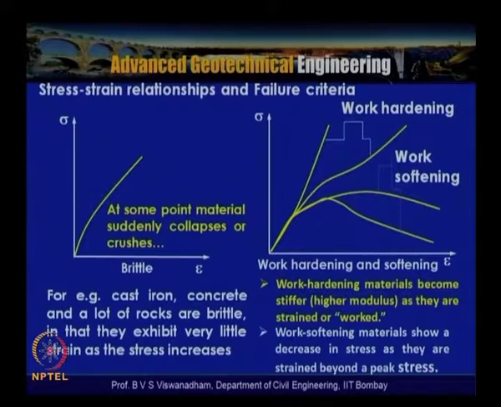Beyond the peak stress they experience the softening condition, and strain softening occurs when they are strained beyond the peak stress. So, we have work hardening conditions and work softening conditions. In mild steel, we first have hardening, and then it is followed by softening.